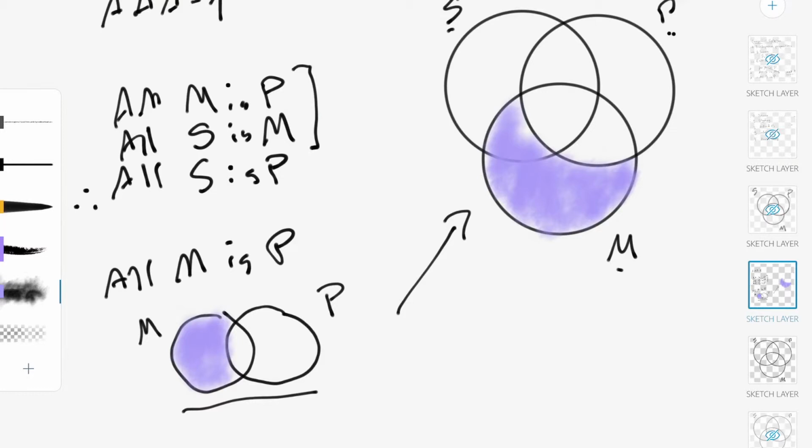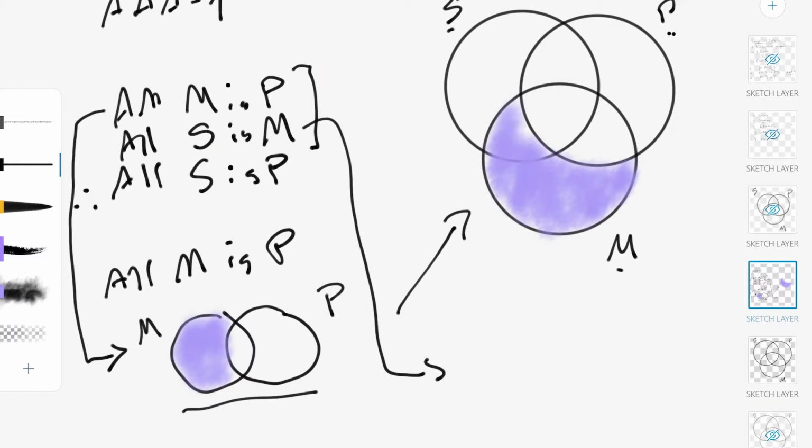So how would we know, for instance, that the region of M that's outside of P and outside of S needed to be shaded without having that explicitly stated? So what we're really doing here is we're diagramming information that's explicitly stated, that is the relationship between M and P. In the same way, we're going to do the relationship between S and M.